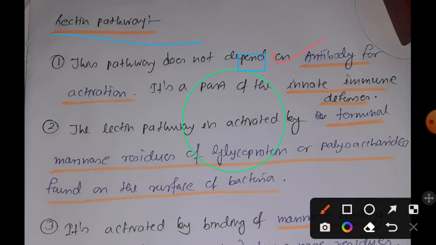And we have also learned that lectin plays the role of activator, and that is why we do not consider the lectin pathway a part of your humoral adaptive immune response. Instead, we consider the lectin pathway a part of the innate immune response.